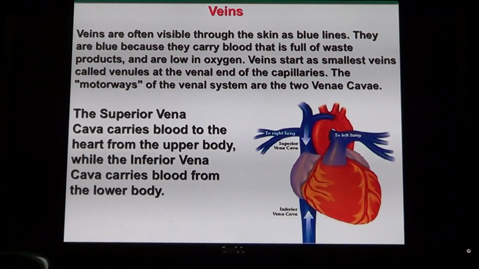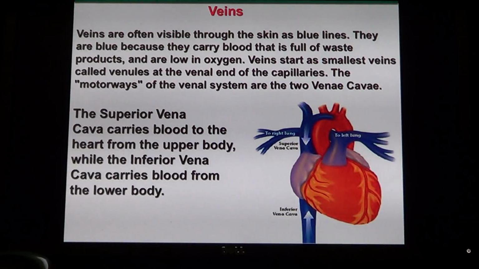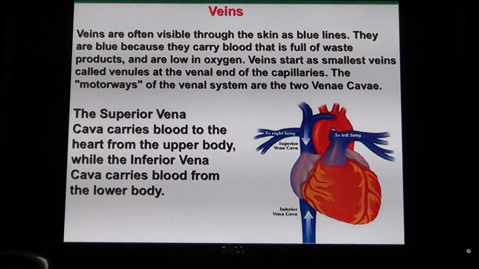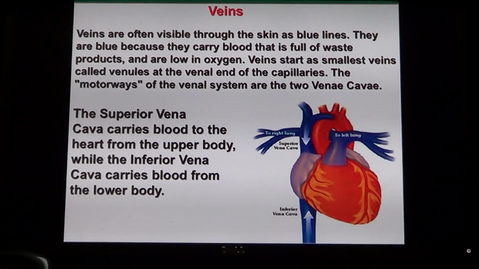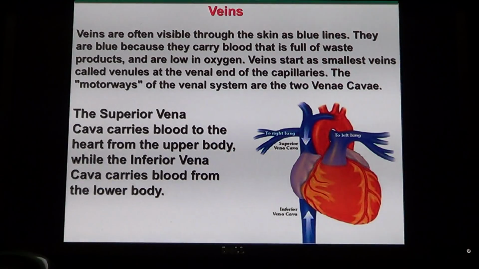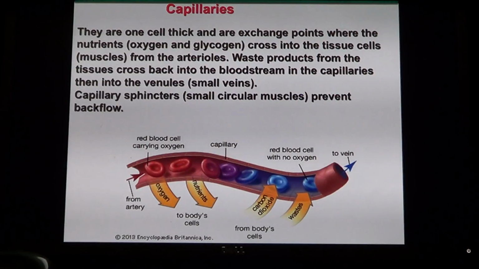The capillary size is the diameter of one red blood cell, to give you an idea how small this subdivision of the circulation blood vessels is. Veins, on the other hand, both arteries and veins have layers.